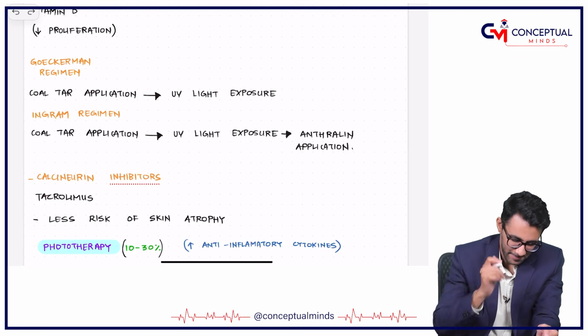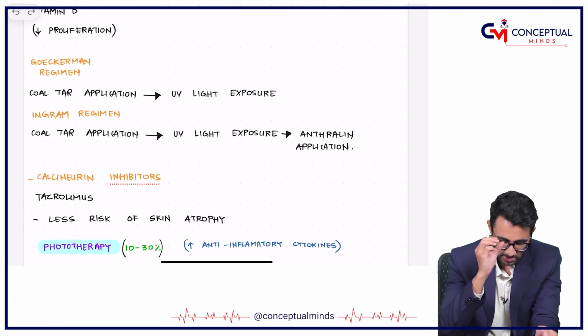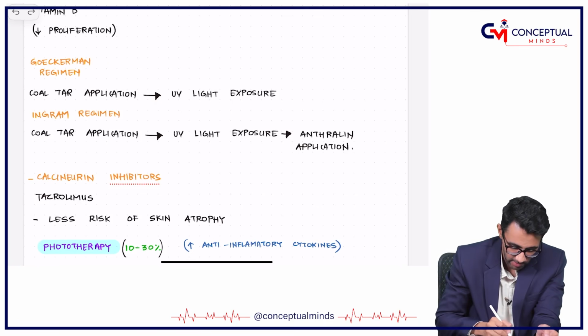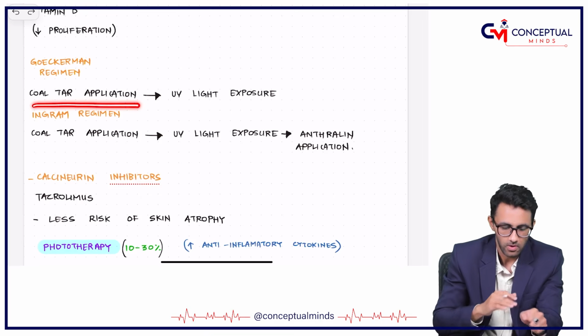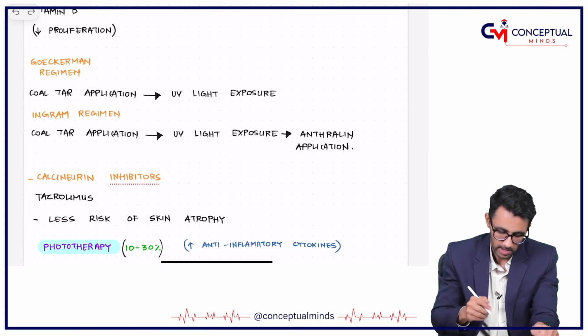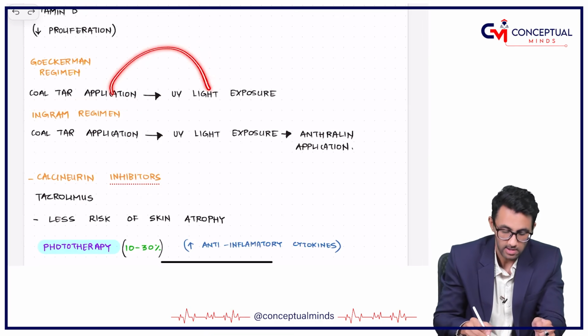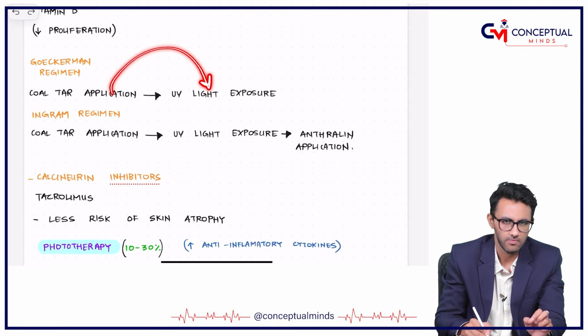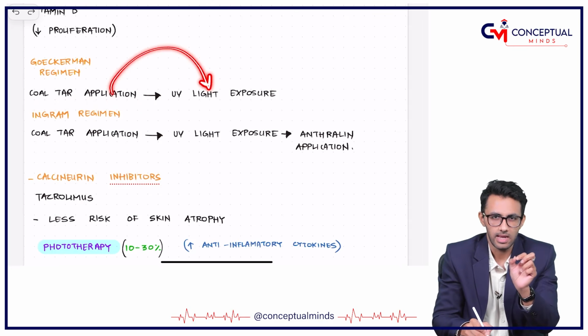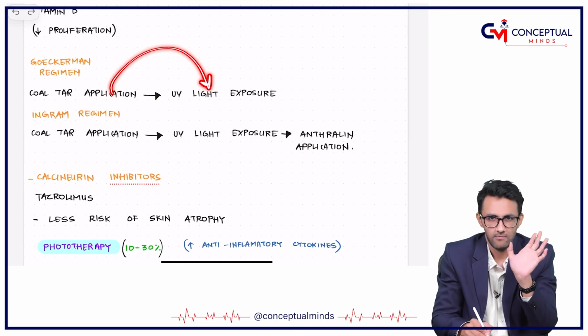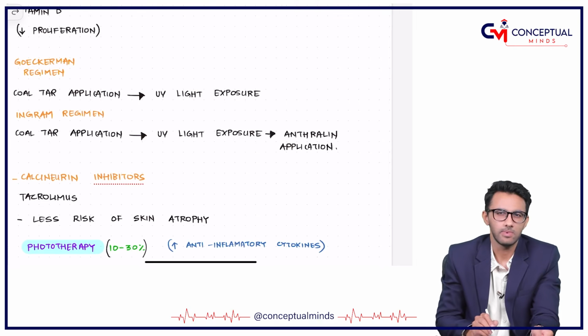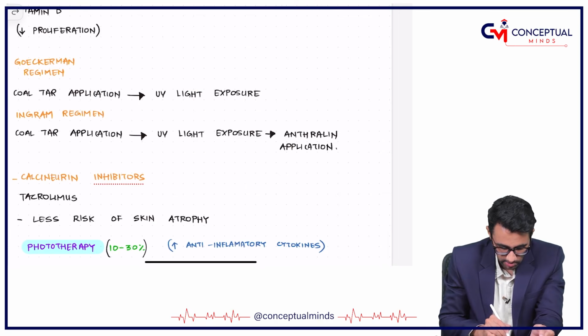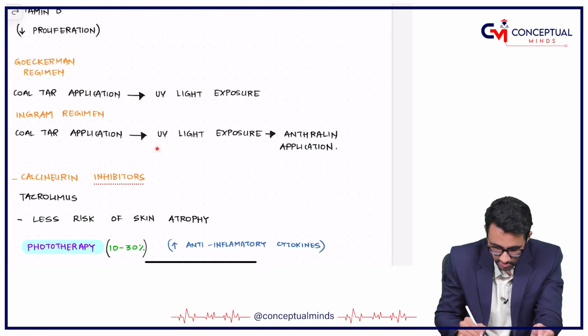In the Goeckerman regimen, first of all, we use coal tar application on the exposed area, and then we expose it to UV light with a very specific wavelength. In the Ingram regimen, first we use anthralin application, then UV light exposure.